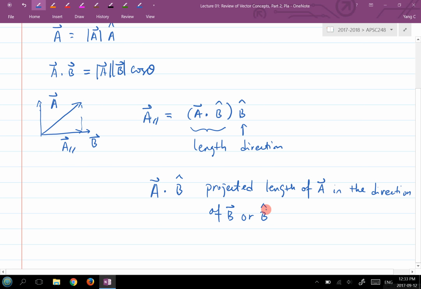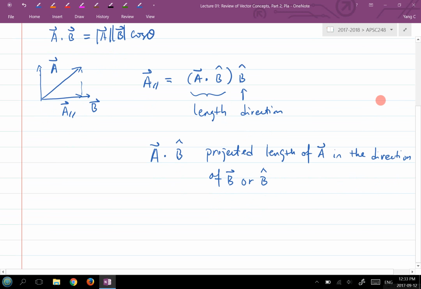You want a length, this is a scalar of course. If you want to project the length, you can simply use the vector dotted with the unit vector given by this direction.